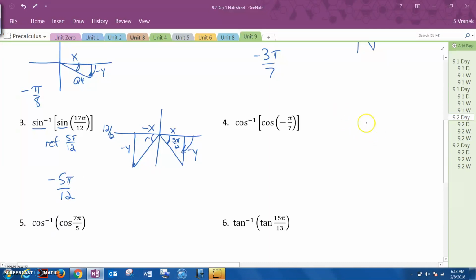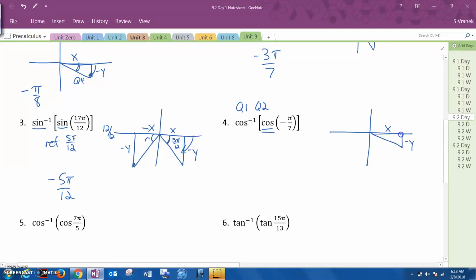Let's look at a cosine. Negative pi over 7 somewhere here. So x is positive, y is negative. Again, cosine inverse, you have to be in either quadrant 1 or 2. I need to be in quadrant 1 or quadrant 2. I'm in quadrant 4 right now. So where's the other place where cosine is the same?